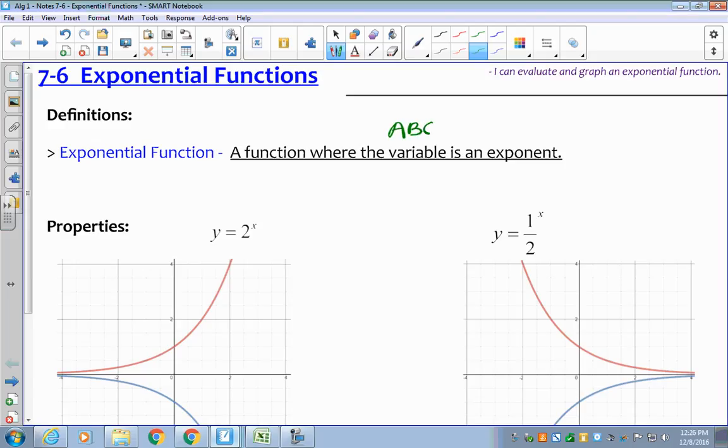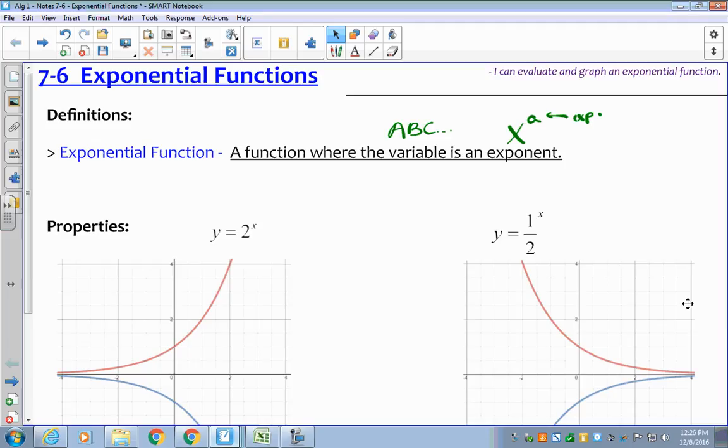I'm going to go variable ABC because anytime we're talking about a variable, that's a letter. Let's go ABC. And an exponent, I'm going to write X with a little a, so that I remember it's the exponent. So the variable, the letter, is in the exponent.